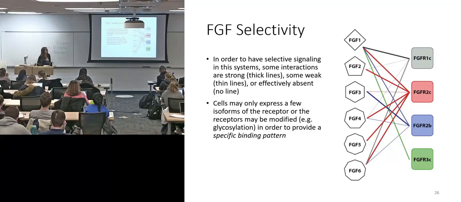Cells generally will only express a few isoforms of the receptor, so you're not really worried about all of the possible combinations, because cells aren't actually making all of them. And you can have some sort of post-modification. Who remembers what glycosylation was from way back? Just broadly, what do you think it was from chapter 3?